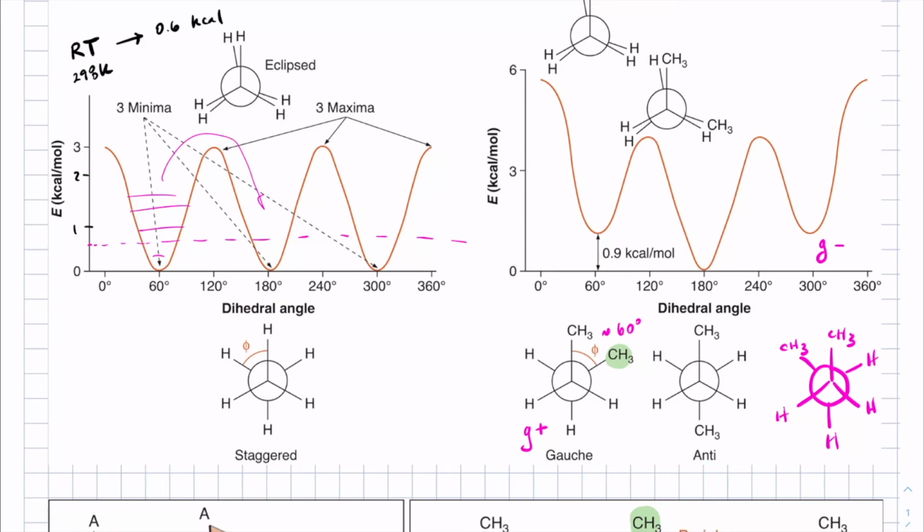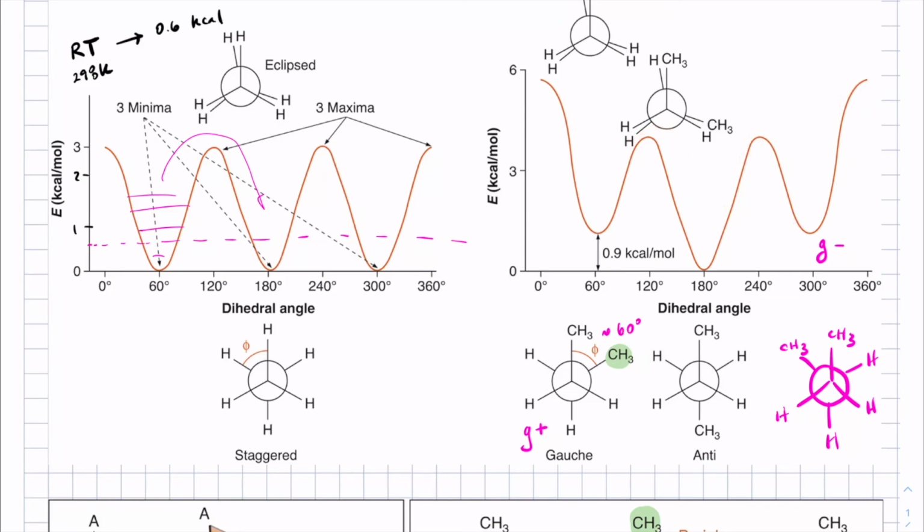It's a little bit more to go from anti over to gauche, okay? And then to go from gauche plus to gauche minus through the eclipsed methyl conformation is an even higher energy penalty. So what this means is it's way more common to interconvert gauche conformations by going through the anti-conformation instead of converting directly, because that barrier is higher to get over.